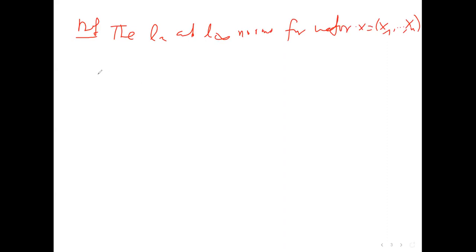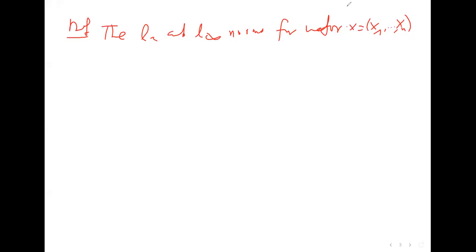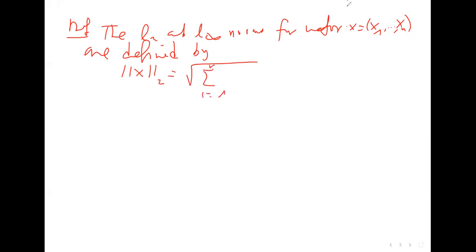Okay, good. All right, so if we have the norm, we have the L2 and L infinity norms. That's what we'll be addressing in most cases in this lecture. I define them by: the L2 norm is the square root of the sum from i equals 1 to n of xi squared.